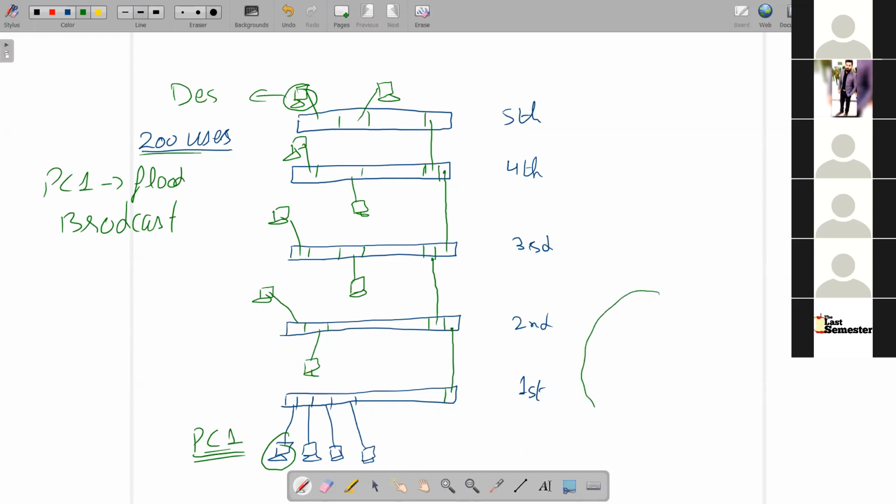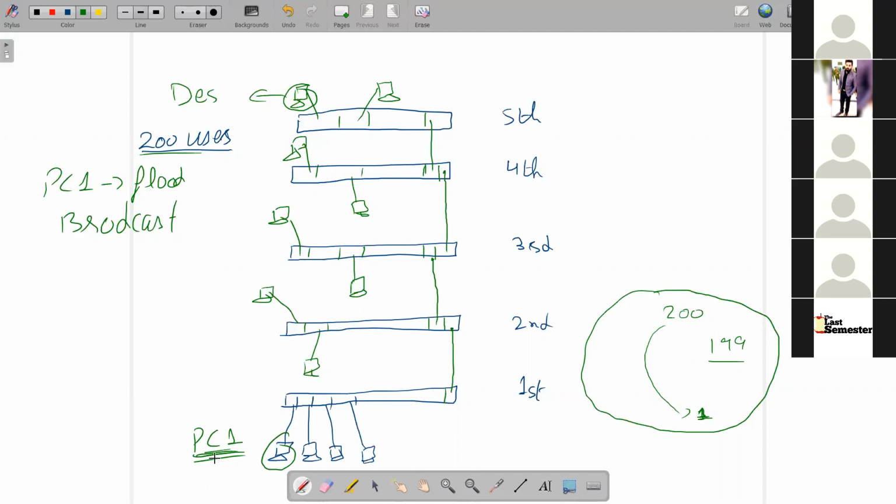This is simply like if we are having a big auditorium with 200 students, and one of these students comes onto the stage and starts screaming. How many students will be listening to his speech? Everyone. 199. Not everyone, 199.